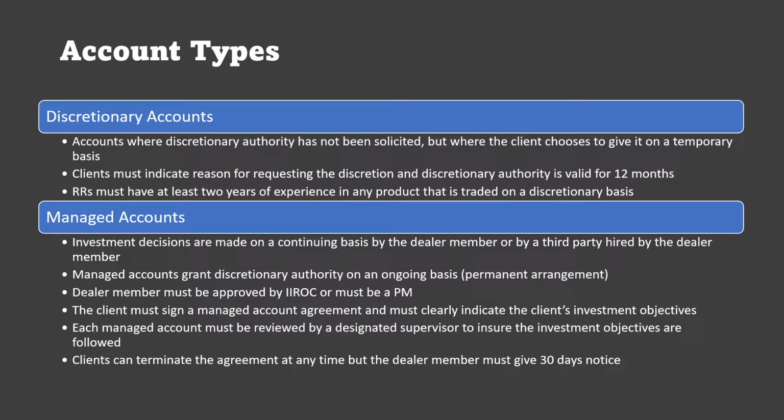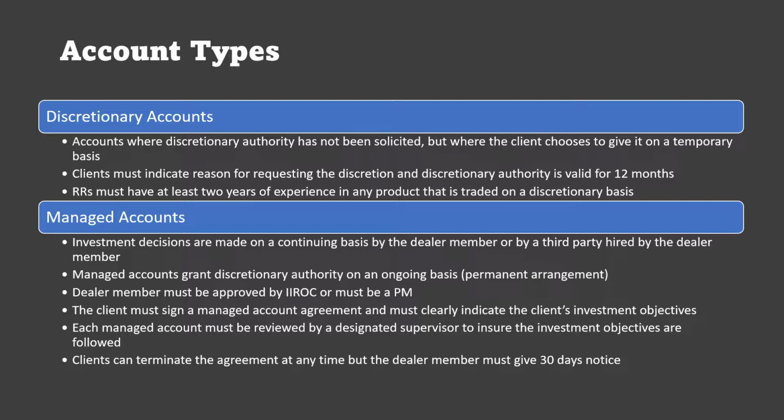You also do have discretionary accounts and managed accounts, and they are actually quite similar with one key difference. First off, the discretionary accounts, this is where the discretionary authority has not been solicited, but where the client chooses to give it on a temporary basis.